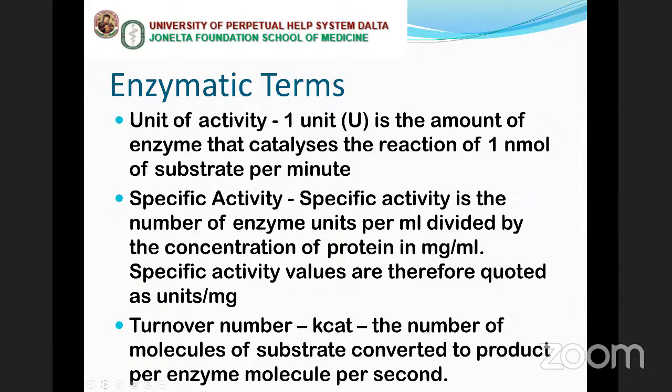It's the number of enzyme units per ml divided by the concentration of protein in milligrams per milliliter, so they are quoted as units per milligram. We have your turnover number, which is your kcat: the number of molecules of substrate converted to product per enzyme molecule per second.